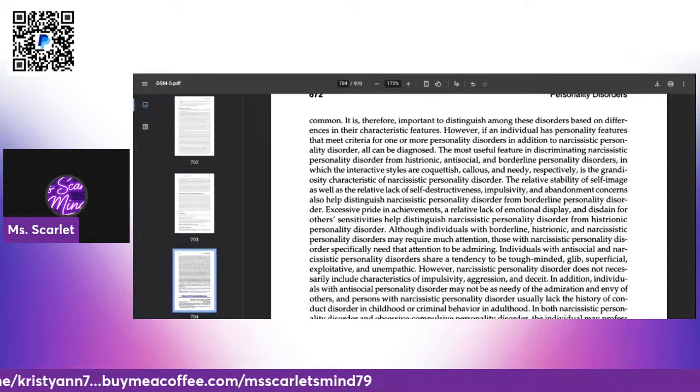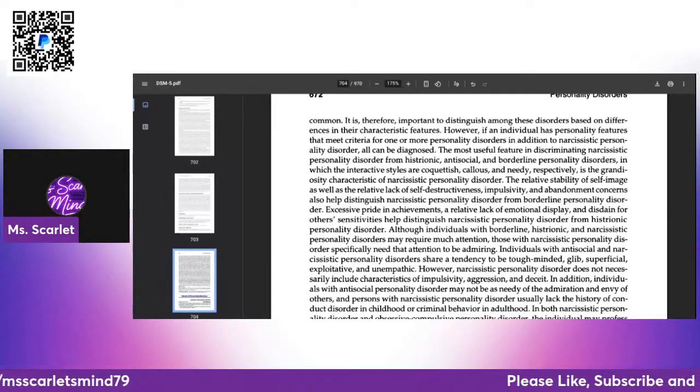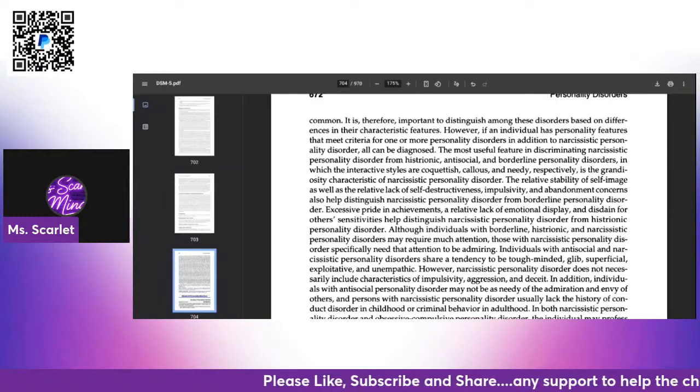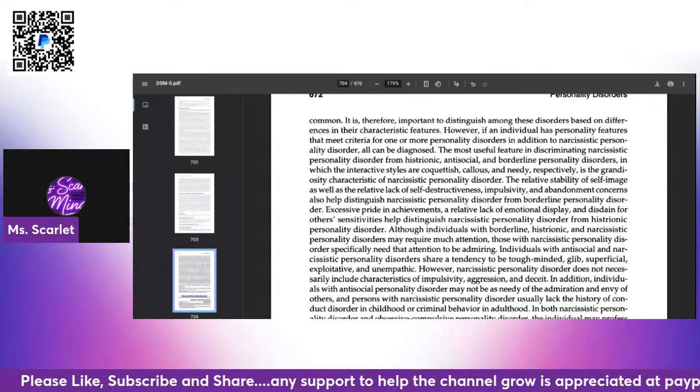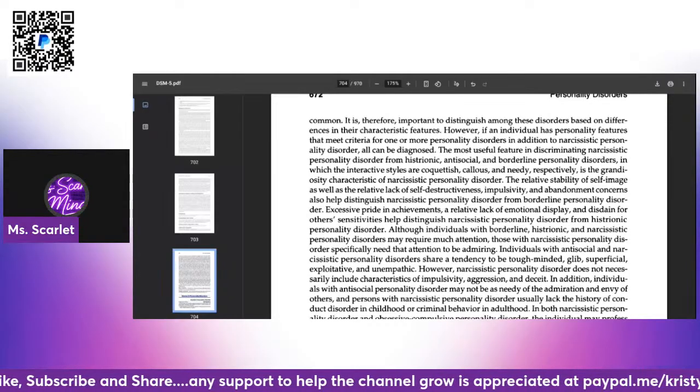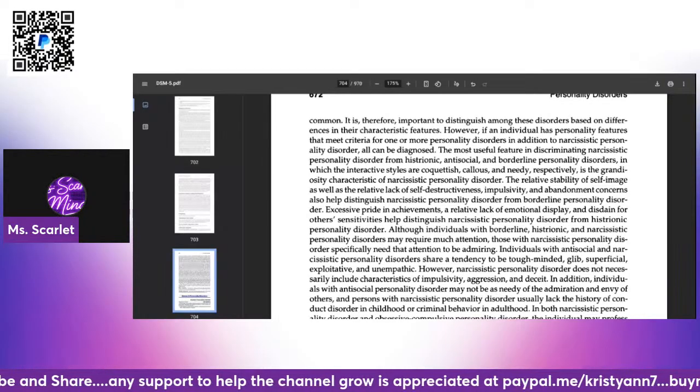The most useful feature in discriminating narcissistic personality disorder from histrionic, antisocial, and borderline personality disorders, in which the interactive styles are coquettish, callous, and needy, respectively, is the grandiosity characteristic of narcissistic personality disorder.